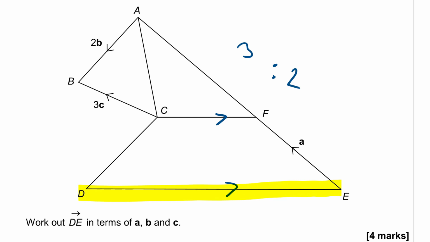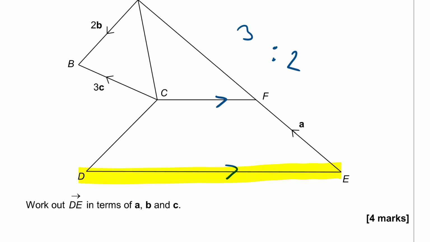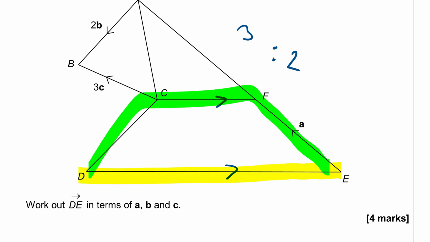Now, in order to go from D to E, at first glance this is a little bit tricky because we normally have to work out things in terms of routes that we know about. And so if I want to go from D to E, well, I don't know what D to E going directly is. I don't know what this route is because the only thing I've got is A, and there's no other route that I can take in order to get from D to E along things that I do know about.